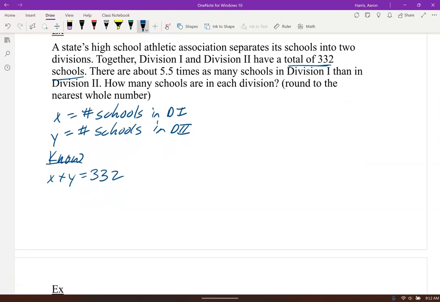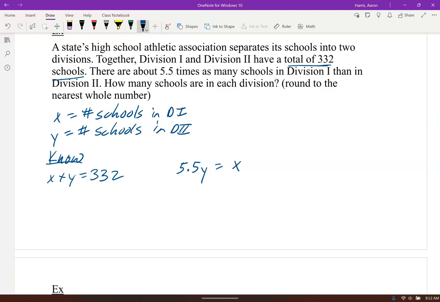So there's less Division 2 schools, right? So 5.5 times the lesser amount is how many there are in the higher amount, which is Division 1. All right, so there's what we know, and those are our equations as well.